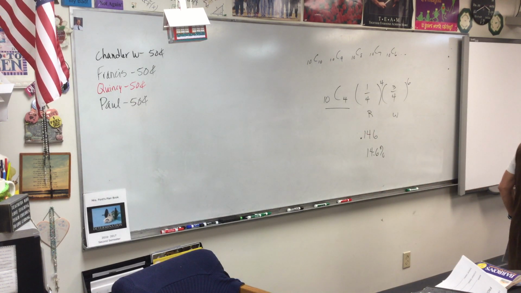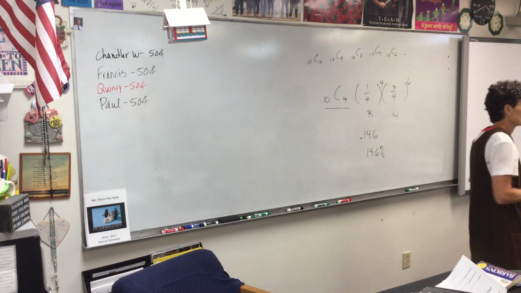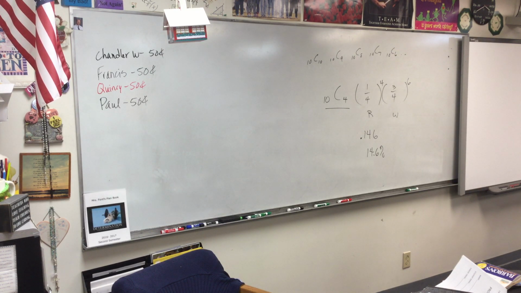Because they're different options. If I said I were going to pick, I don't know, 2 generic outfielders, then it could be 9C2. But since I'm picking a specific person to be a pitcher and a specific person to be a catcher, it's 9P2. Everybody all right with that?